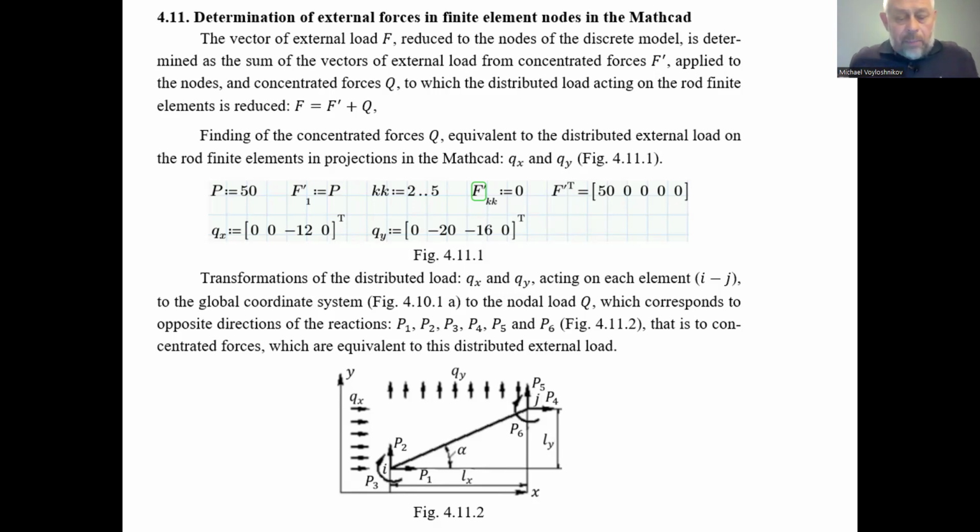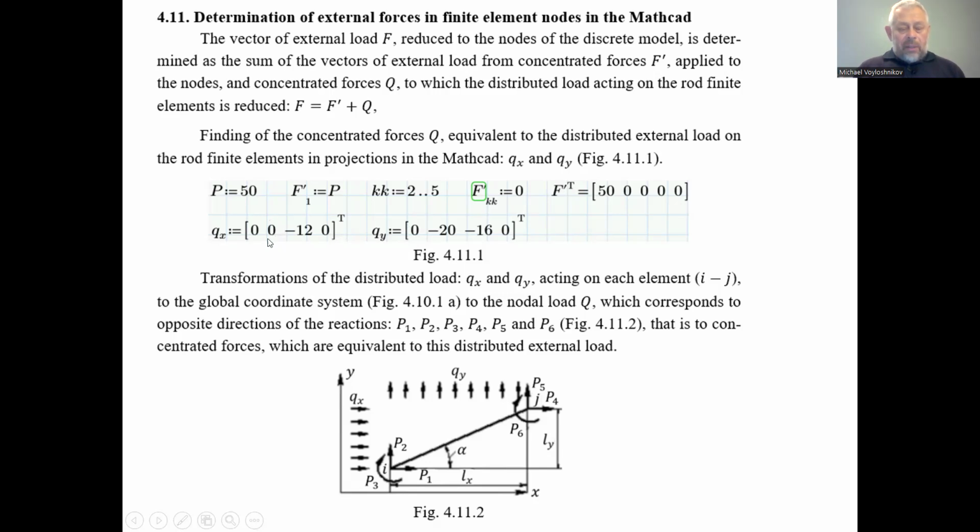And in the general approach, the external distributed load acting on these elements could be 0. Magnitude of the distributed load, yes. If we do not have the distributed load, we indicate 0. So for the first finite element we do not have the distributed load, so we indicate that the magnitude of the distributed load is 0 in the projection on the abscissa axis, the same in the projection on the ordinate axis.